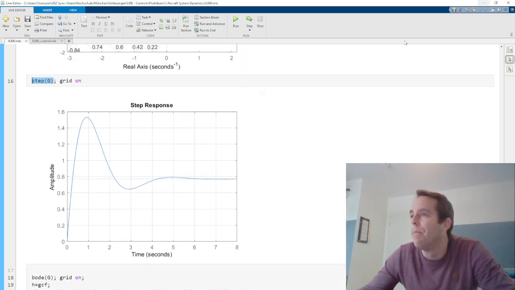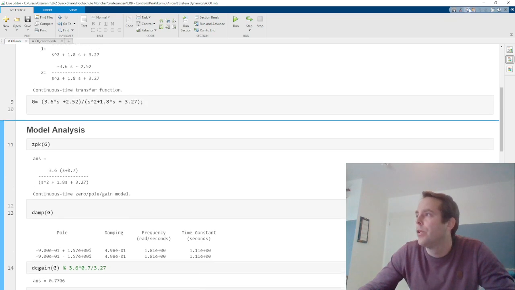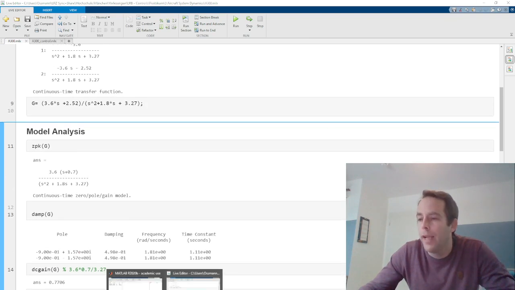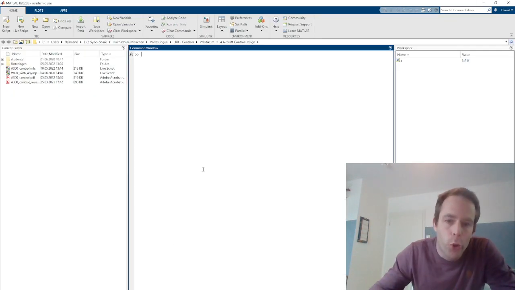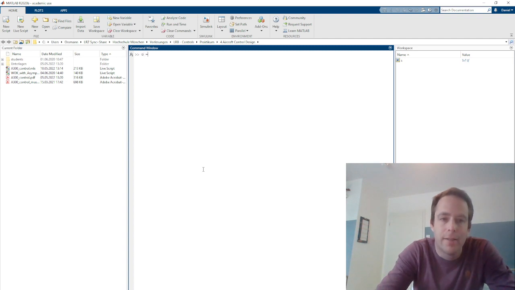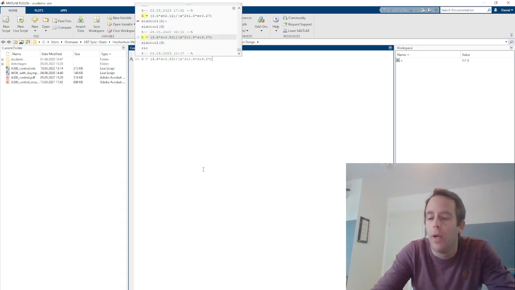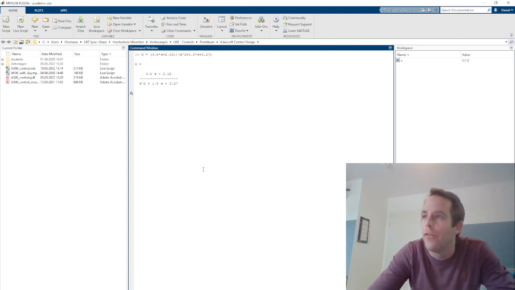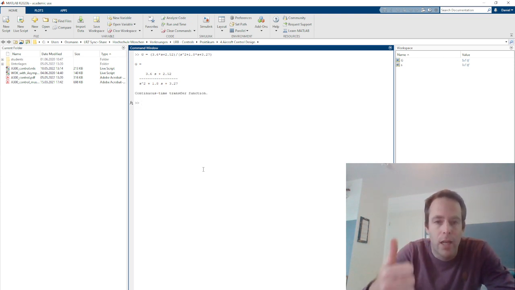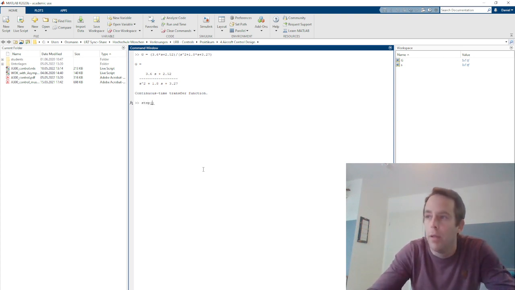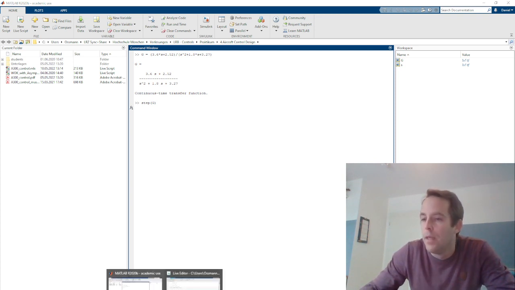Okay, so we could call Matlab for a second, just to show you that I'm not telling any rubbish. I already did that before. So we have our transfer function, which is the transfer function from the elevator command to our pitch rate. For example, you could simply call a step here, and it will give you the answer we just saw.